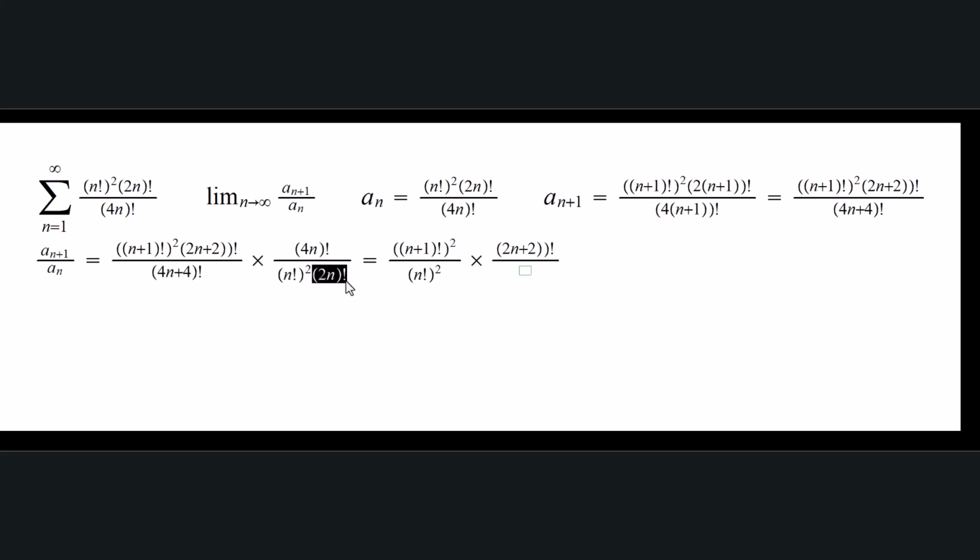And then at the end what we have is 4n factorial divided by 4n plus 4 factorial. So here is what we have.